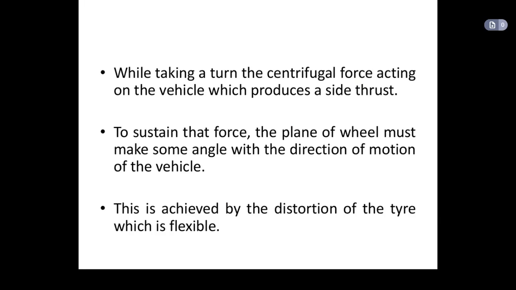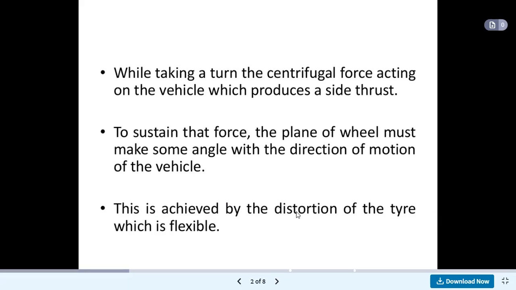This angle difference is achieved by the distortion of the tire, which is due to the flexibility of the tire material. As the tire material is rubber, due to that rubber material, the angle is present.